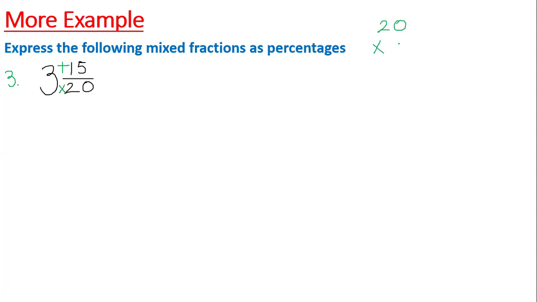Okay, so 20 times 3? 3 times 0 is 0. 3 times 2 is 6. And then we have to add 15. So 60 plus 15 is 75. 5 plus 0 is 5. 6 plus 1 is 7.